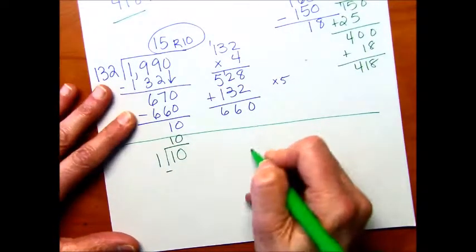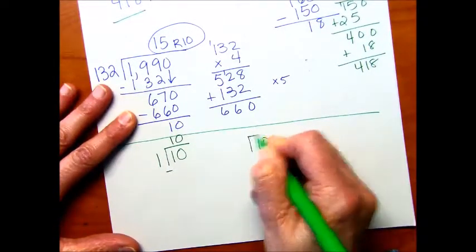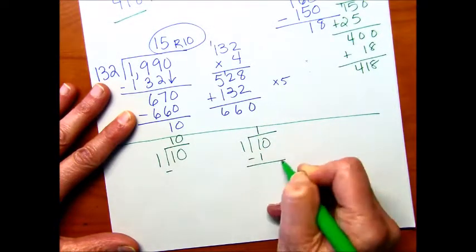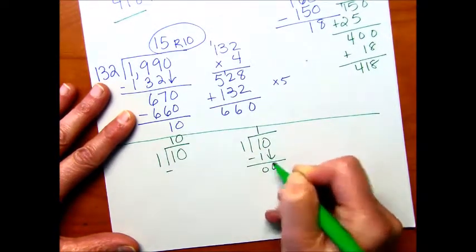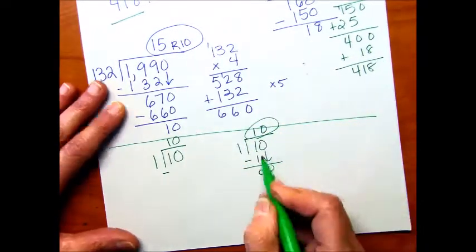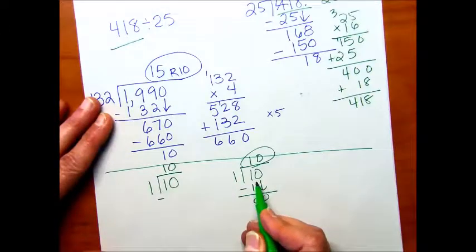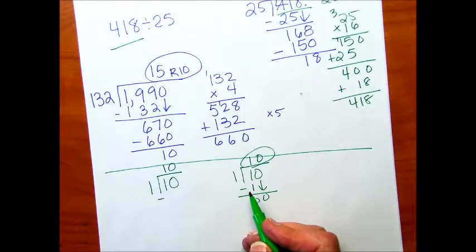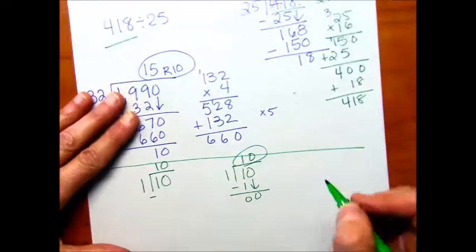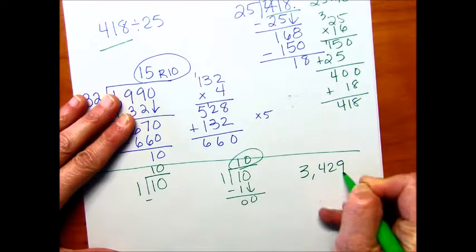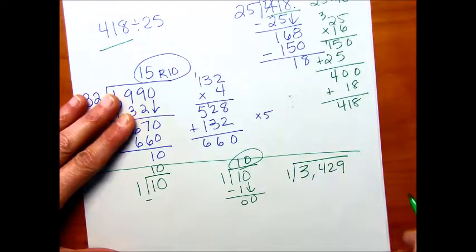So I'll rewrite that here. I'll go 10 divided by 1. So 1 goes into 1 once, and I subtract, and then I bring down the 0, and 1 goes into 0 zero times. So my answer is the same number that I started with in my dividend. And that's going to be true for any number that you divide by 1. I mean, we can take 3,429 divided by 1.